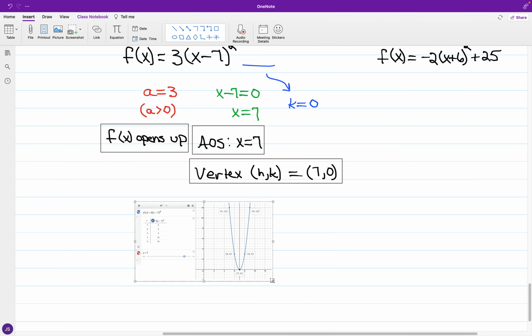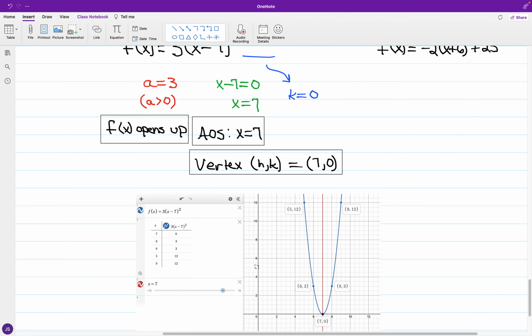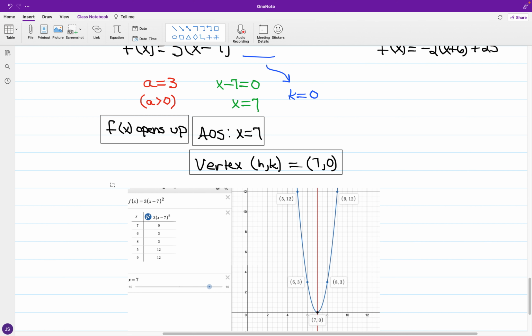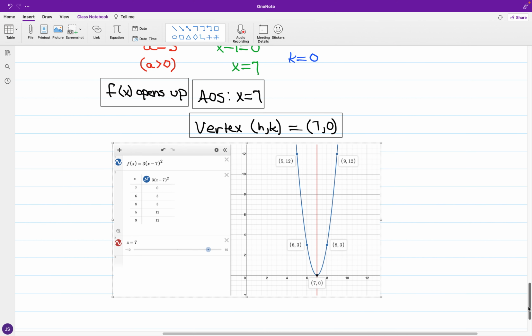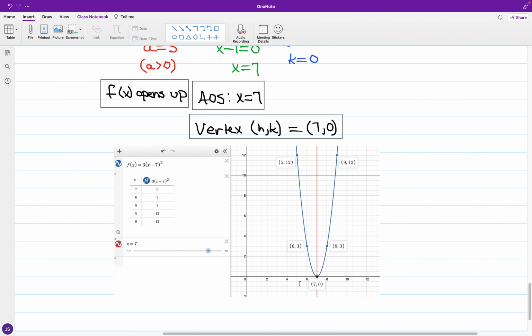Just looking at the graph on this one, the axis of symmetry is x equal to 7, and it passes through the vertex, which we have at 7, 0. From this point, the graph is going to be opening upward. Among the other points through which the parabola passes, you have 6, 3, 8, 3, 5, 12, and 9, 12.